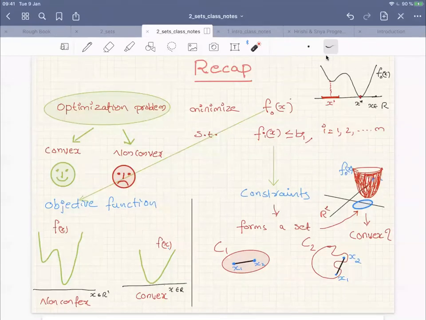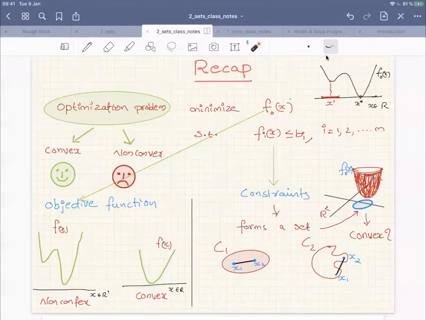Following that discussion, we saw that optimization problems can be categorized into two classes: convex optimization problems and non-convex optimization problems. Roughly, if the problem is convex, we are happy. It is a well-studied class of problem, and there are algorithms to solve it, or a closed form solution if you are lucky.